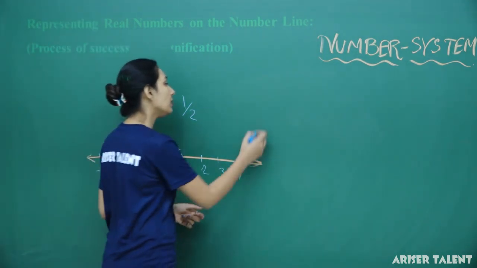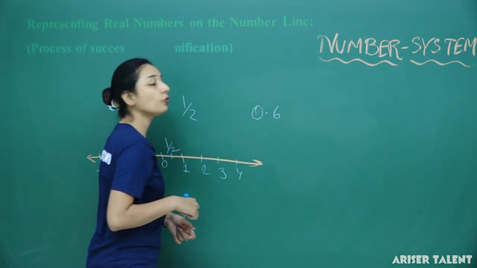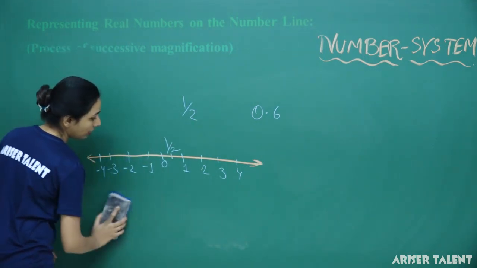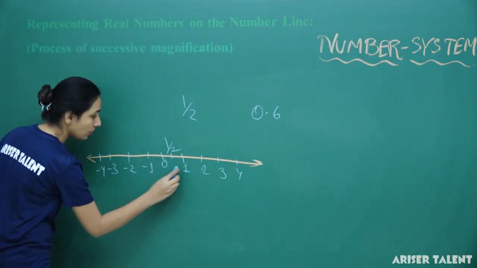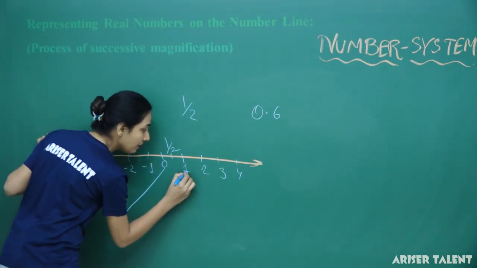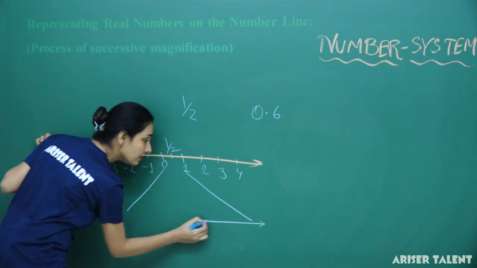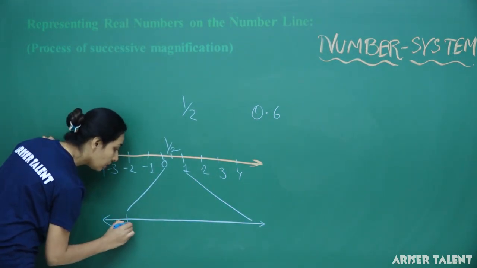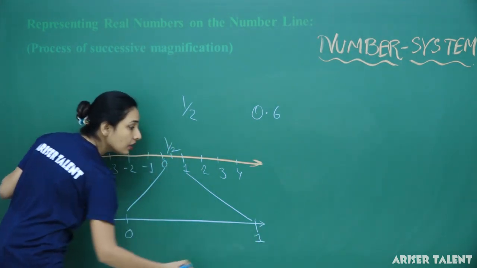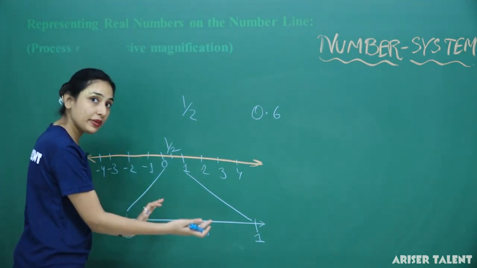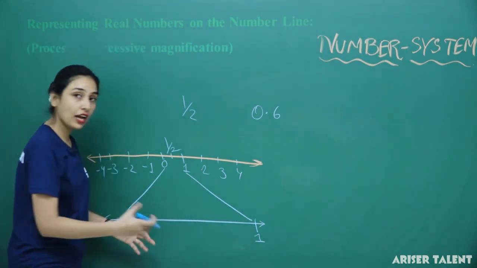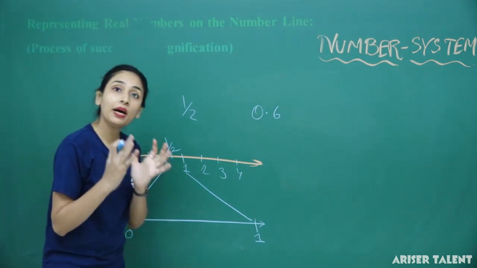Now tell me where is 0.6. Now the magnification process comes in. I have this 0 and 1, and I will expand the number line. Now this is 0 and this is 1. This scale, from 0 to 1, will have 10 partitions, students.